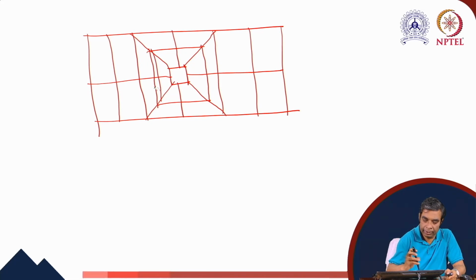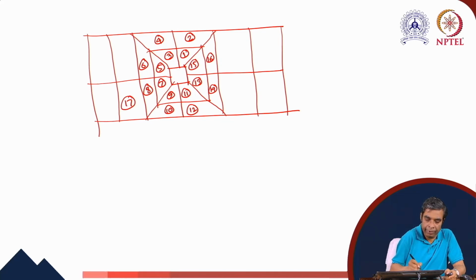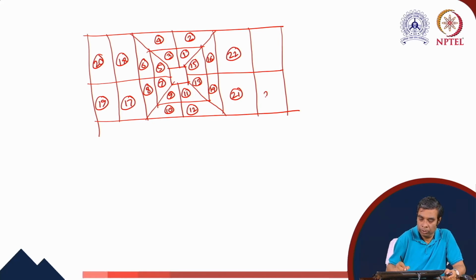Here we have all the elements and nodes. Now we have our elements numbered as 1, 2, 3, 4, 5, 6, 7, 8, 9, 10, 11, 12, 13, 14, 15, 16, 17, 18, 19, 20, 21, 22, 23, and 24.